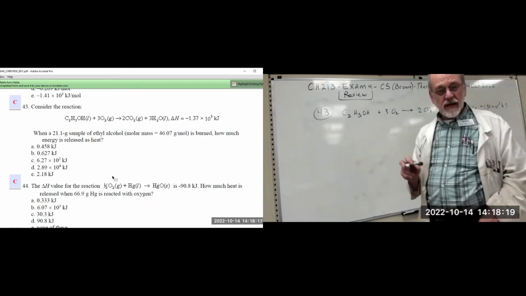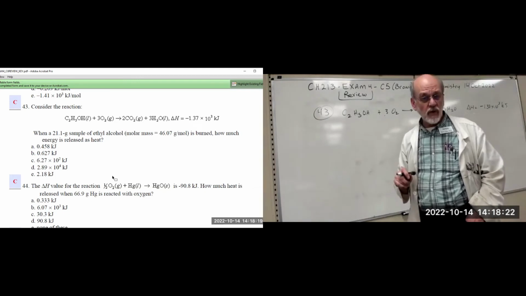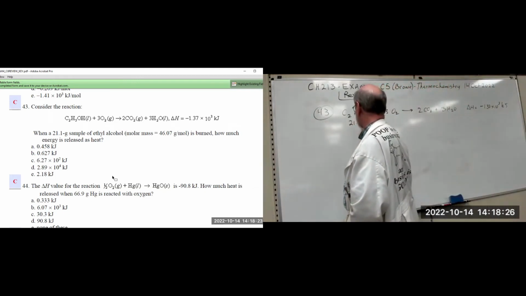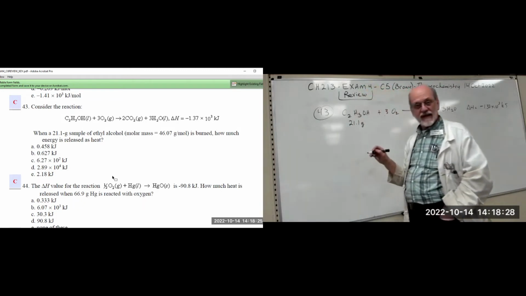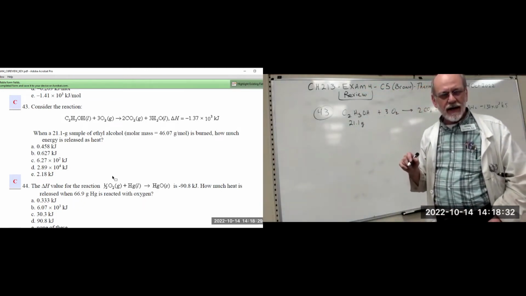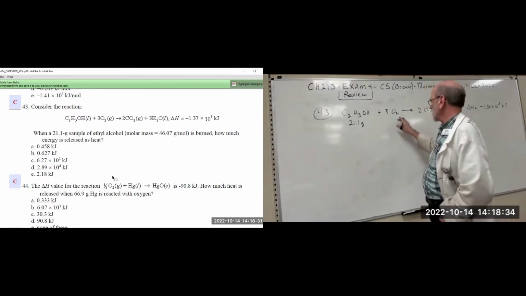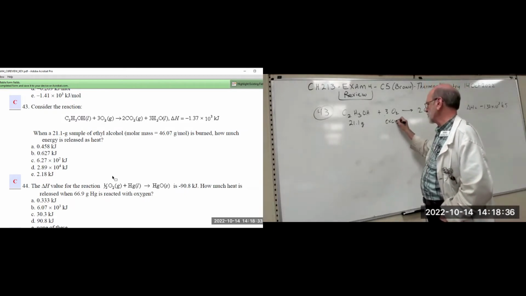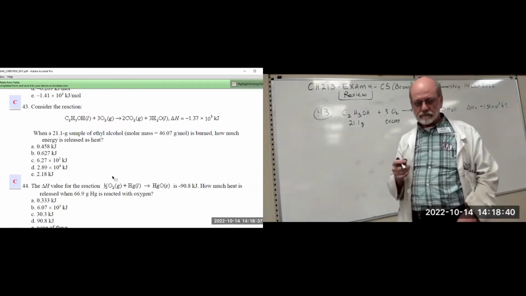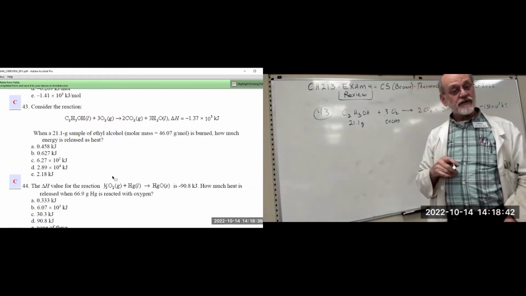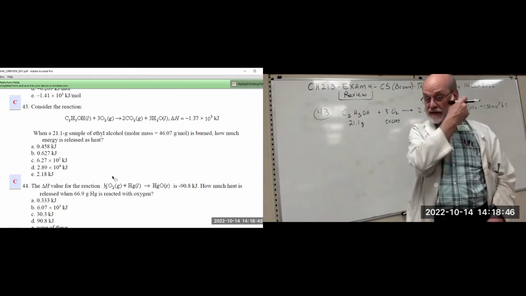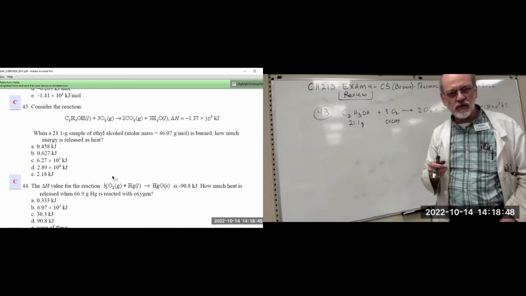The question is, if you have a 21.1 gram sample of ethyl alcohol, we have to assume that oxygen is in excess. Otherwise, we can't work the problem. And the molar mass of ethanol is 46.07 grams per mole. We will need that. How much energy is released?